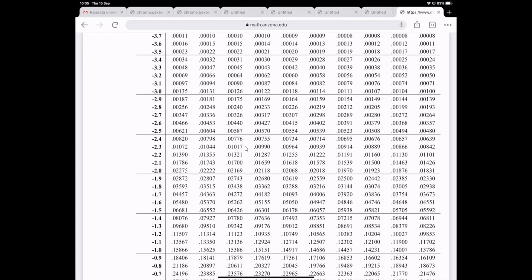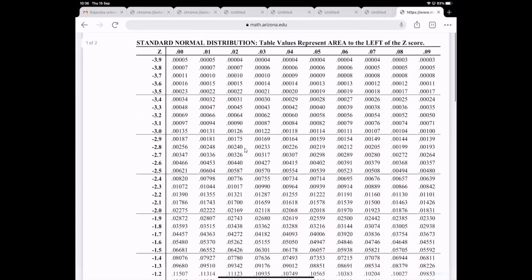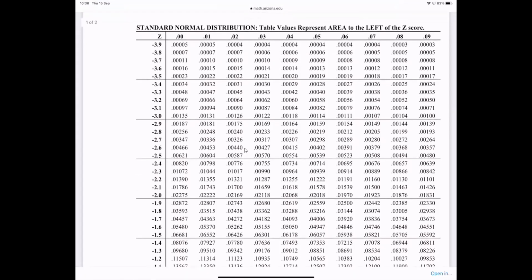Between these two, you can take the average, or you can just consider that value, 0.1 is here, minus 2.33.